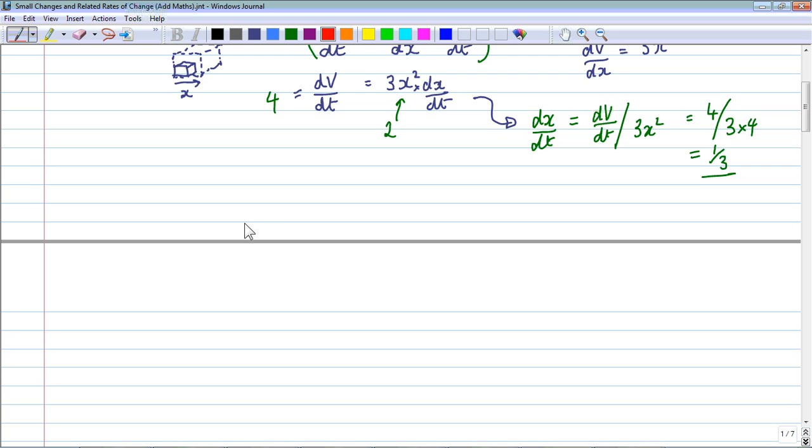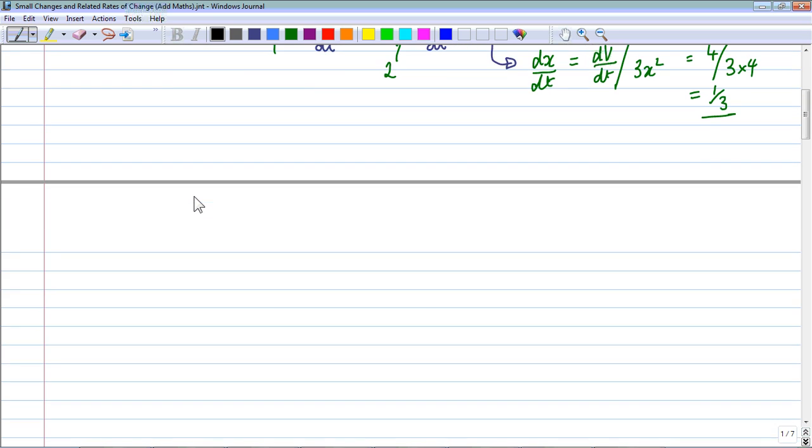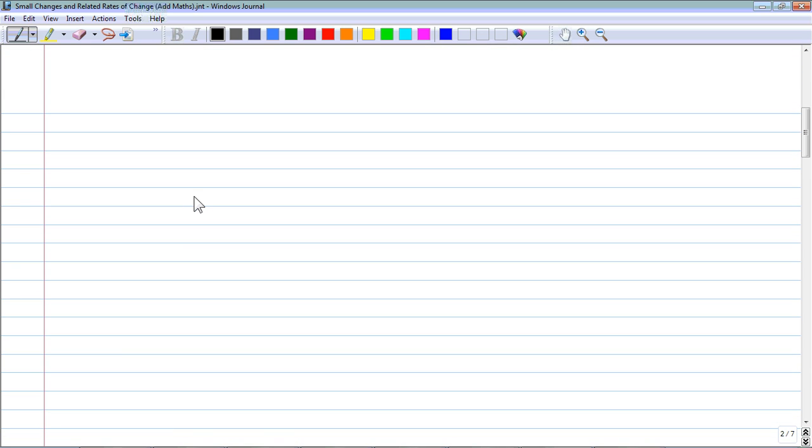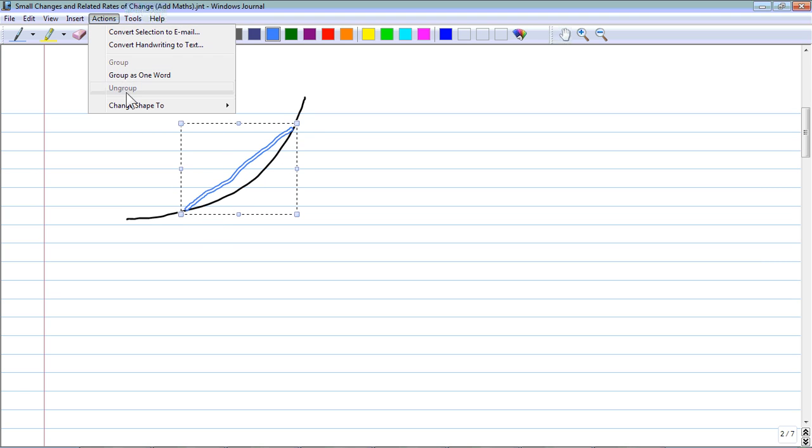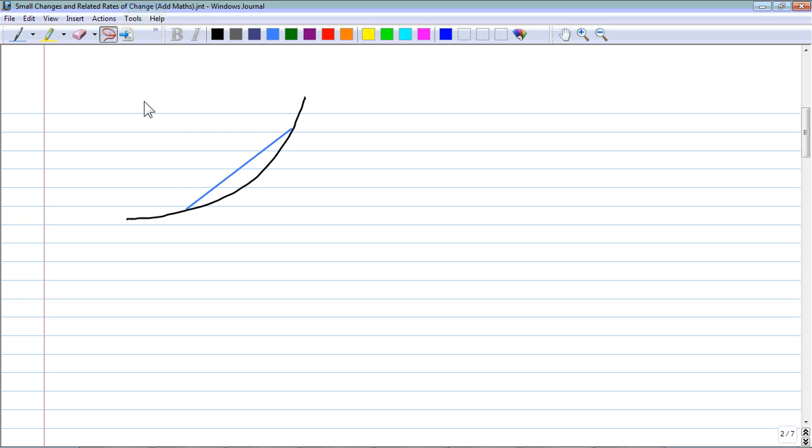Well, to understand this best, I think you should go back to the basic definition of a derivative. If you have a curve, like so, and you draw what we call a secant line, so that's a secant line, or just a line if you prefer.